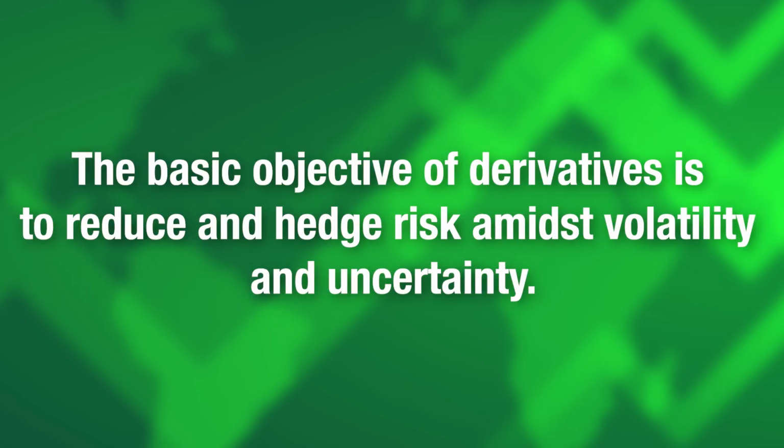The basic objective of derivatives is to reduce and hedge risk amidst volatility and uncertainty. Different types of securities prices are volatile and uncertain, so you want to shield your loss.